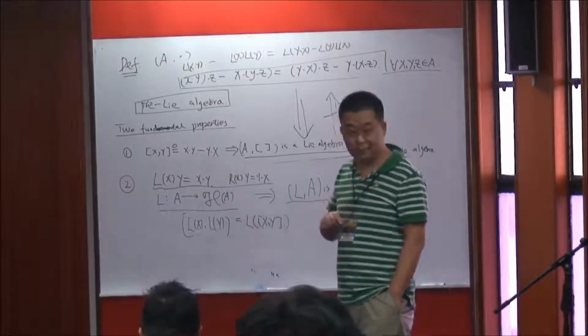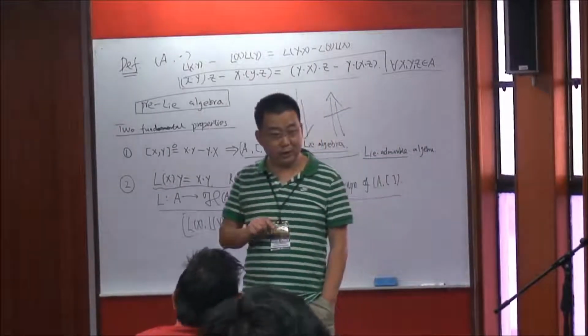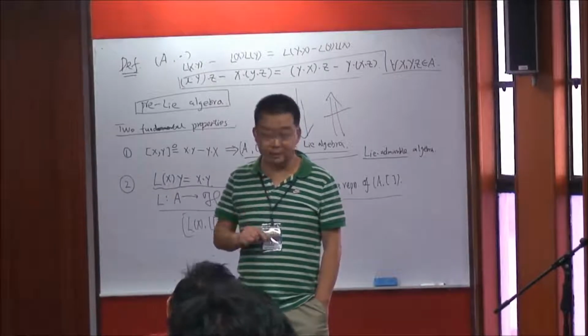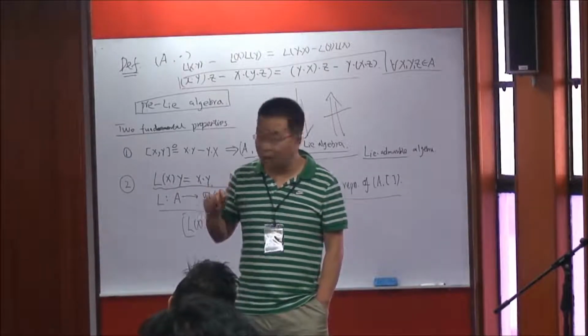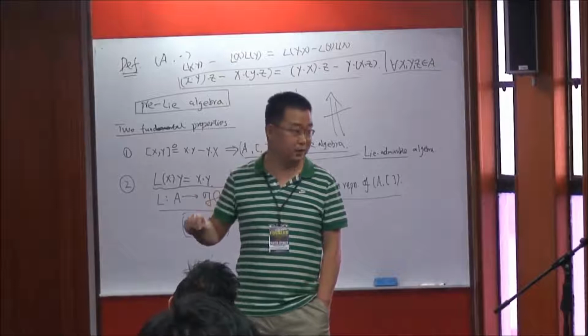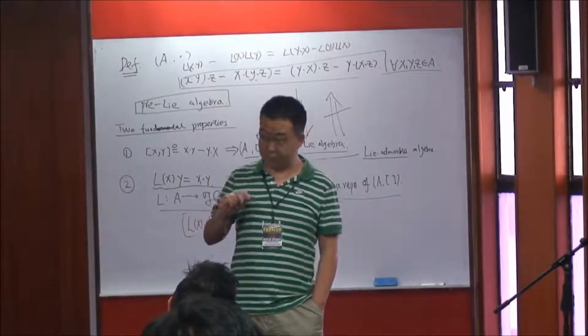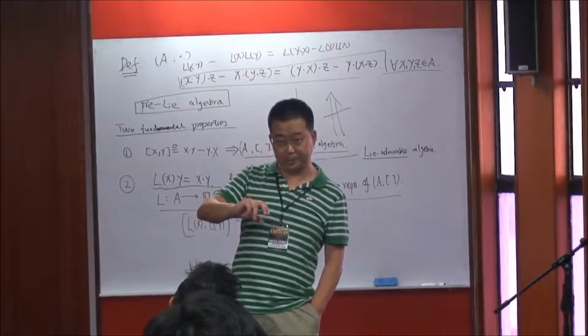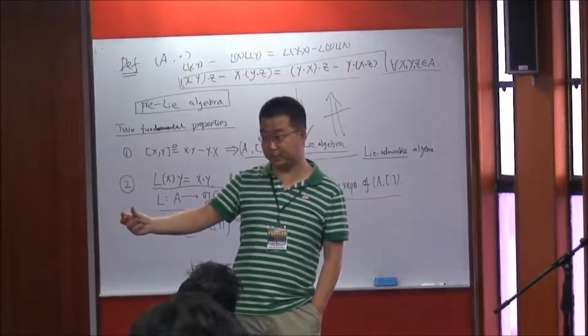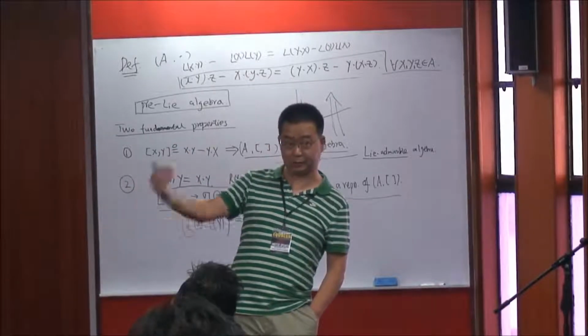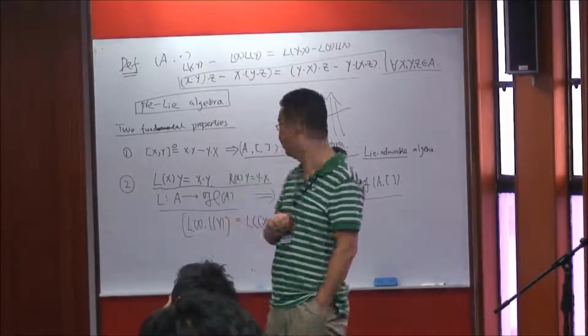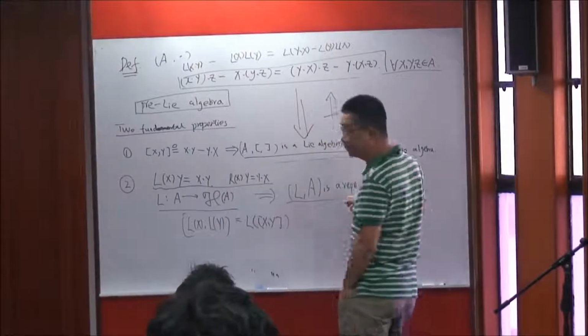That means we can transfer the construction of representations to the construction of algebra structures. In some sense, it's equivalent to transfer the representation to the algebra structures, and also from the algebra structures to the representations. So this property is quite important.